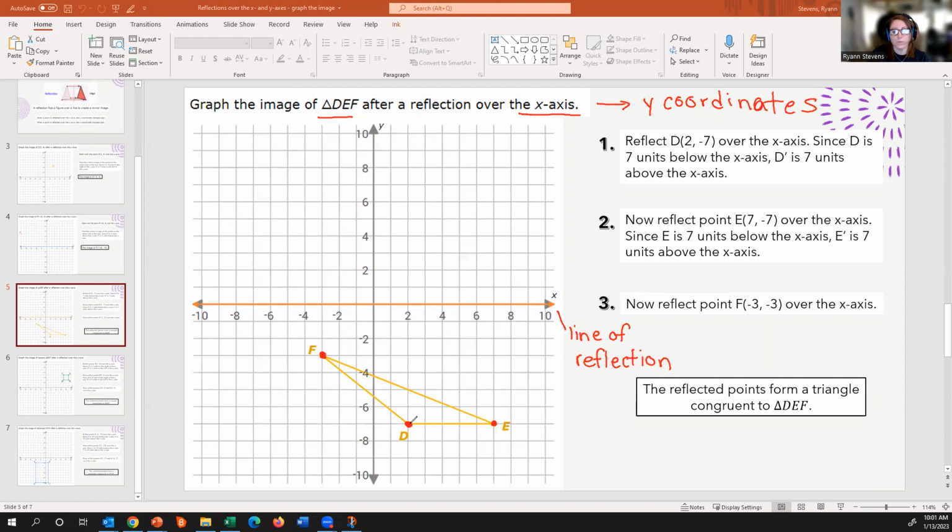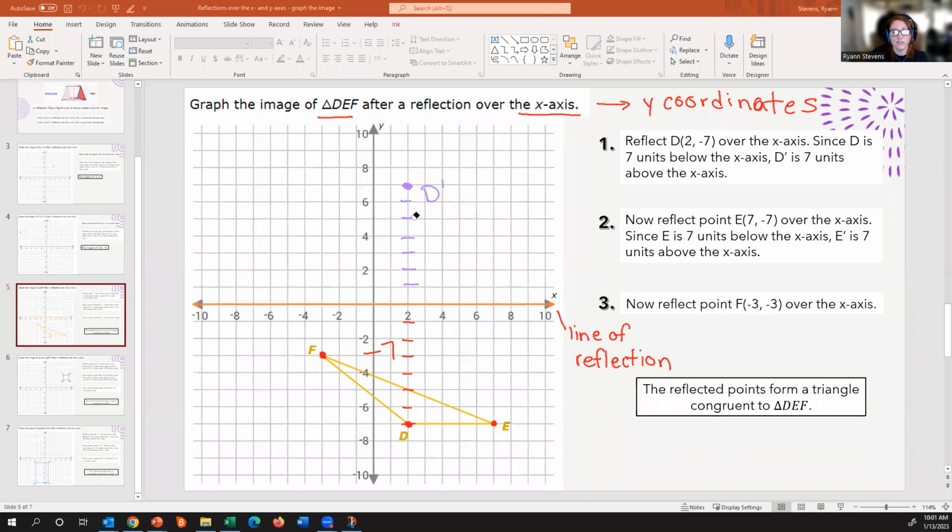Let's start with D, and see how many places D is away from that line of reflection. 1, 2, 3, 4, 5, 6, 7 places down, so our reflection is going to be exactly the opposite, 7 places up. 1, 2, 3, 4, 5, 6, 7. And this is going to be our image of the point D.